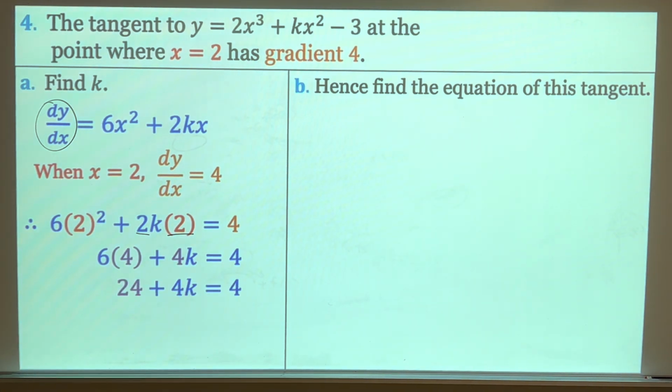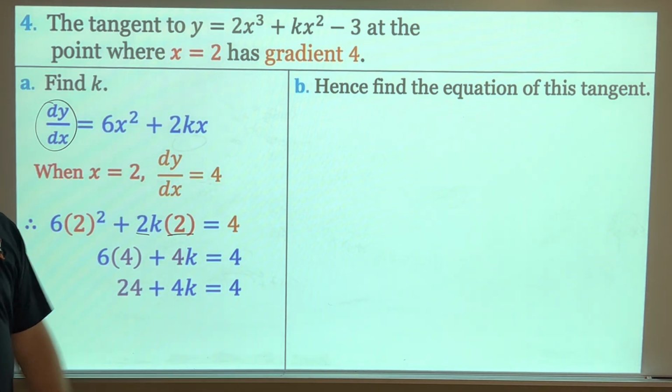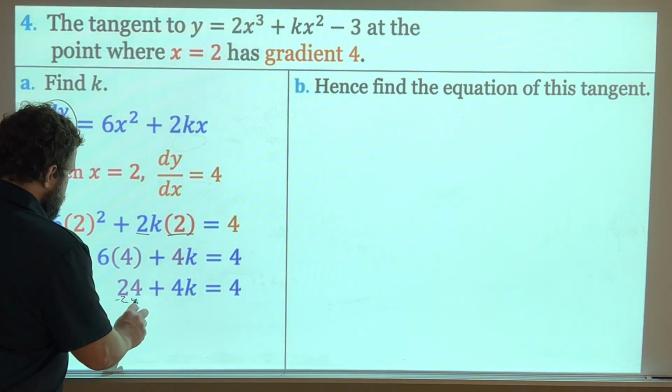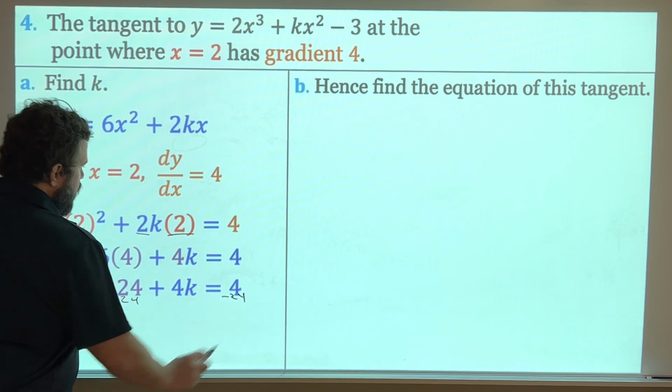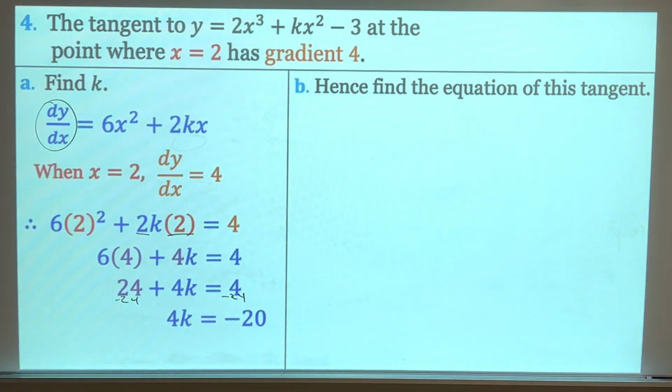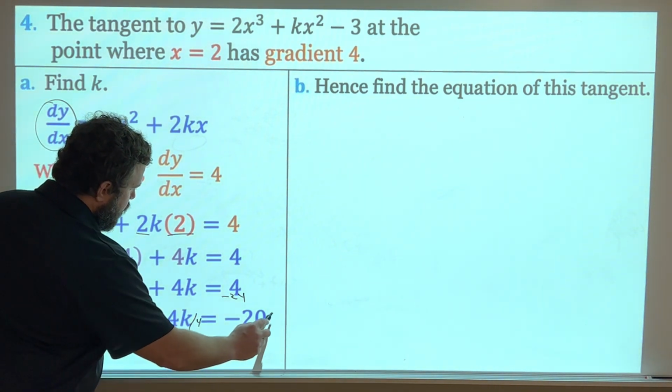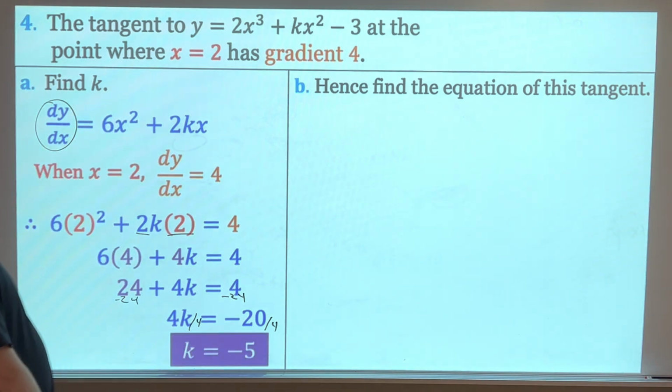So it's 24 plus 4k equals 4. What do we do to both sides to solve for this? Subtract 24. 4 minus 24 is negative 20. Now what do we do? Divide both sides by 4. k equals negative 20 divided by 4, which is negative 5. Right. That's part A.